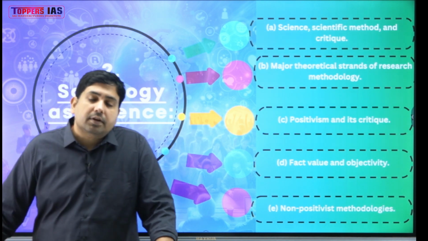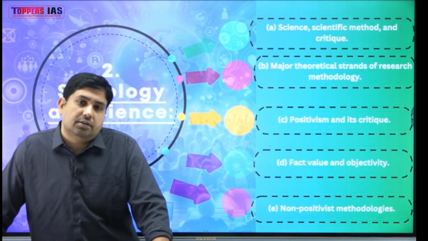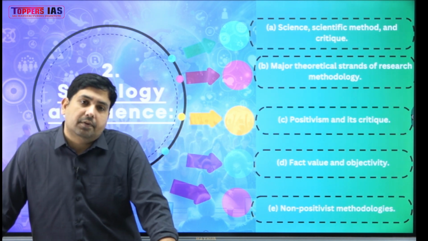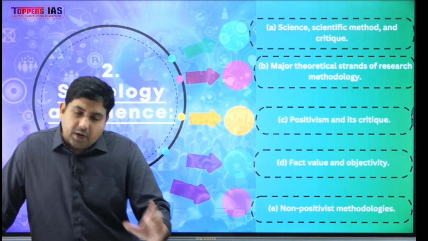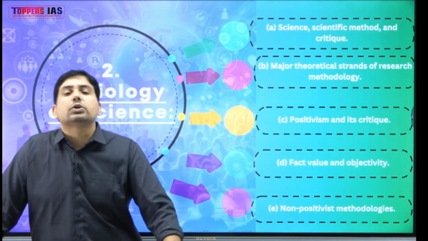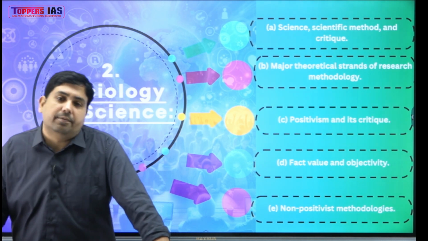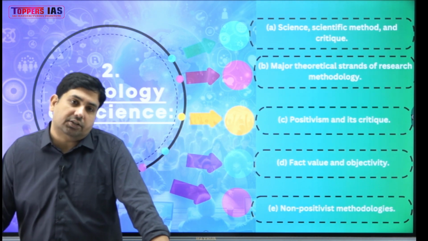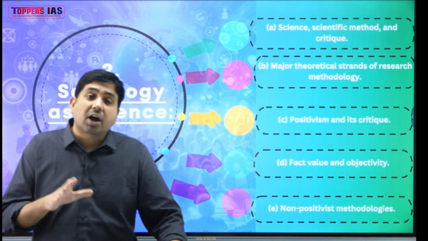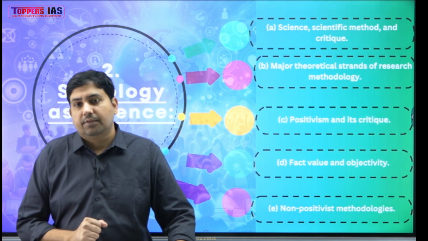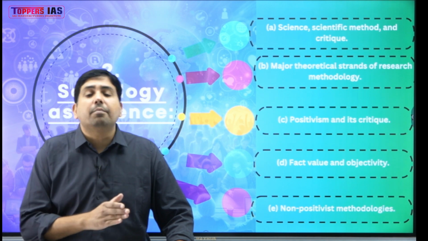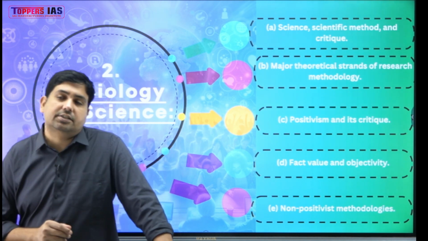one prominent sociologist mentioned in the syllabus is Max Weber. Now what did he argue? He has given this concept of value neutrality in sociological research. Sociologists should be aware of their values and try to prevent them from distorting the facts.